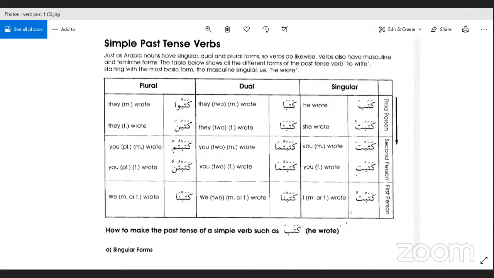Here also it is hidden, right? That's right. One last one: is it najaha or naja'at? He succeeded. Najaha is with a ha at the end.